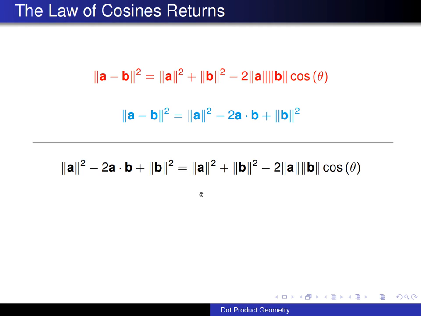And as I look at that and look at ways to simplify, notice that I've got these magnitudes of A squared and magnitudes of B squared on both sides.